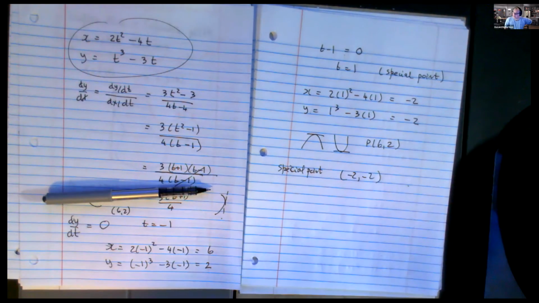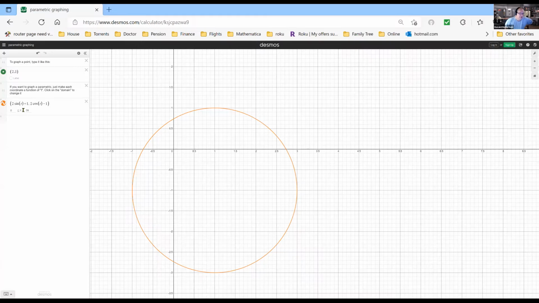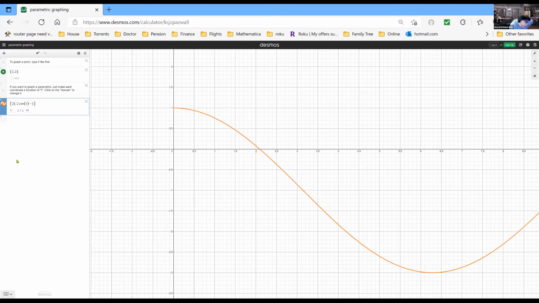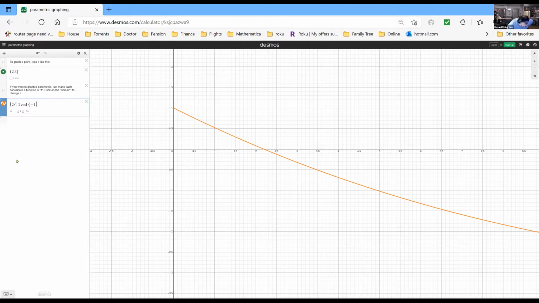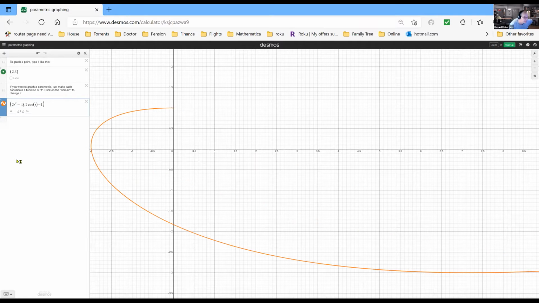Right. So let's look at this parametric curve and see if we can get the same features. So are you looking at the parametric curve right now? Okay, so I'm going to change this guy to 2t squared minus 4t. So I'll do that guy first. So 2t squared, take away 4t.